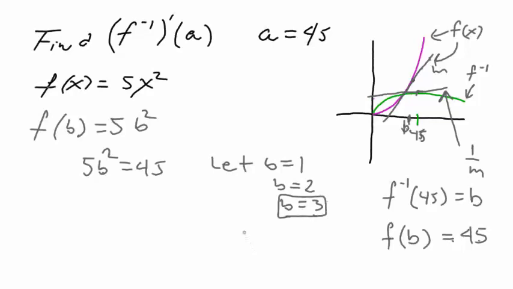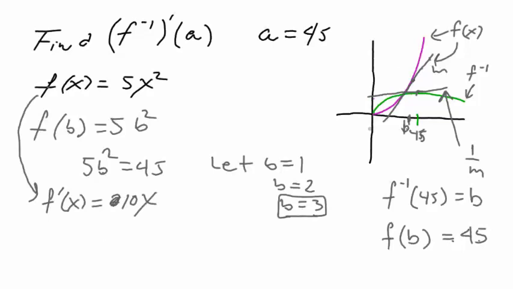So guess what? We're pretty much done now, because now what we want to find is the slope of this tangent line right here. So that means we need to take the derivative of this function, right? So let's come down here and take the derivative. So this is f prime of x is equal to, well, not 20, sorry, 10x, okay?